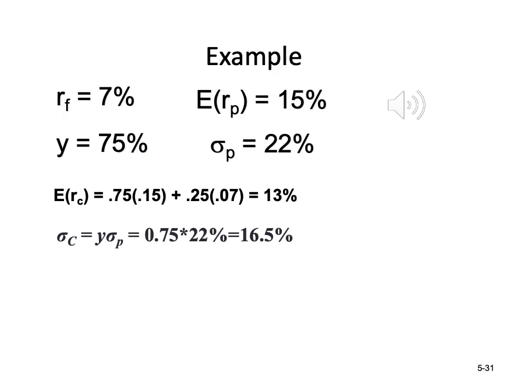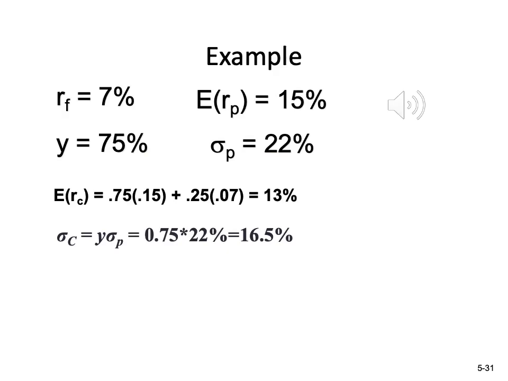Now assume the risk-free asset or the T-bill return is 7%, risky portfolio 15% return. The proportion of the money you put in the risky portfolio is 75%, means 25% of the money is put in the risk-free asset. Sigma P, or the standard deviation of the risky portfolio, is 22%.